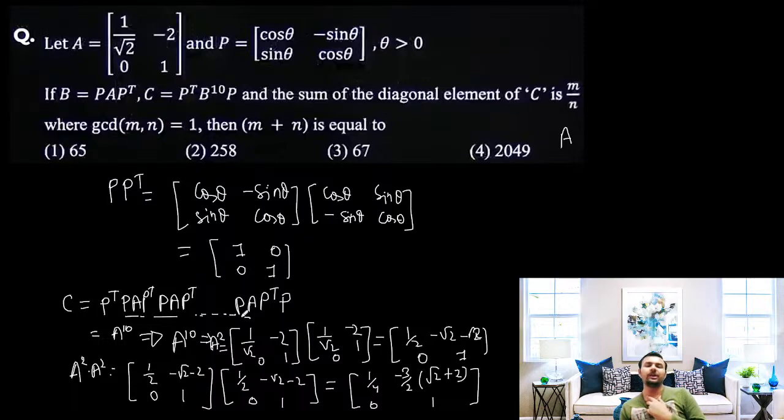So 2 into n, 2n plus 1 हो जाएगा. इससे सिंपली 2n. 2n is simply 2n. So we can say that C will come out to be 1 by 2 to the power n.